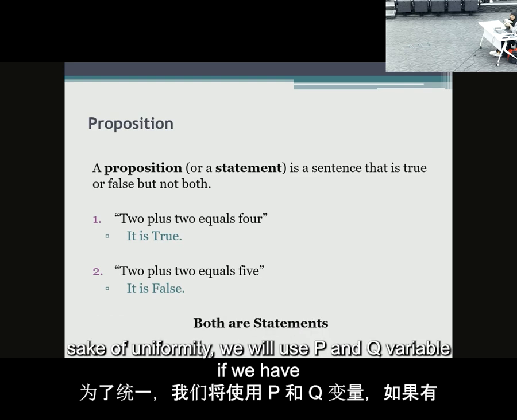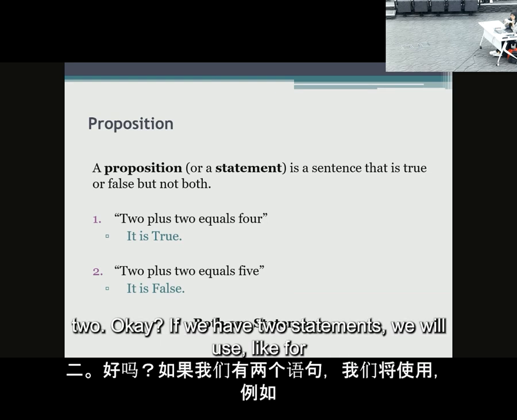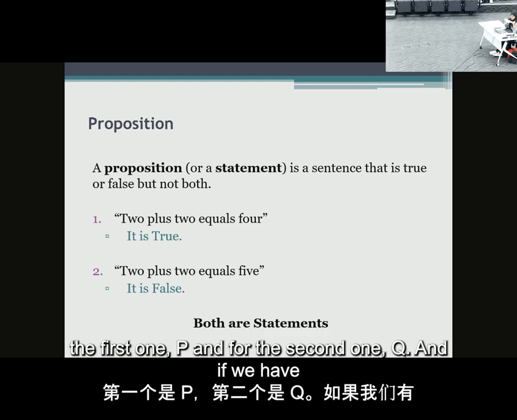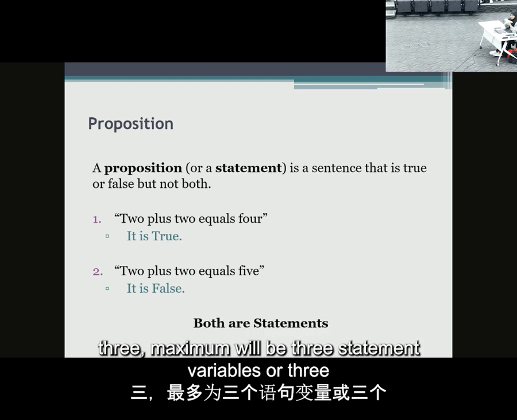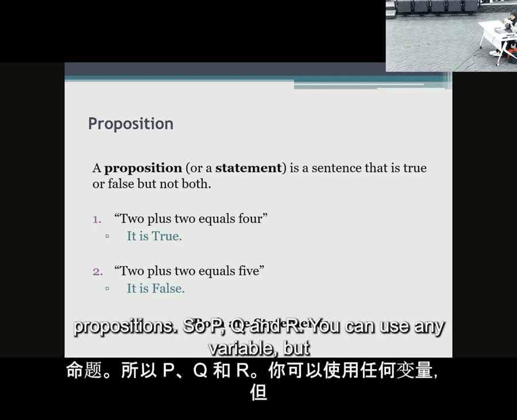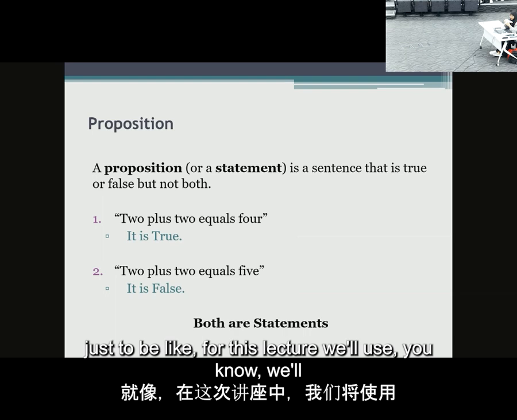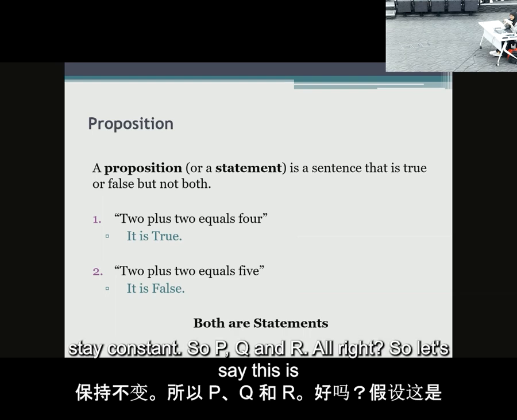For the sake of uniformity, we will use P and Q variables if we have 2 statements, P for the first one and Q for the second one. And if we have 3, the maximum will be 3 statement variables or 3 propositions, so P, Q, and R. You can use any variable, but for this lecture, we'll stay constant, so P, Q, and R. All right?